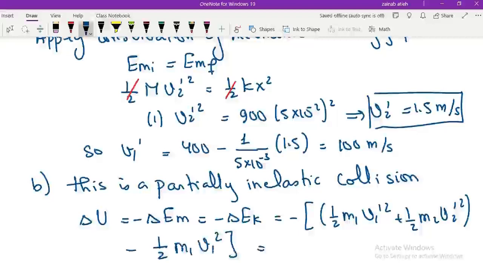If we calculate this, we will get 373.87 joules. This means that we have lost 373 joules of mechanical energy. This energy was gained by the environment which is surrounding this system.